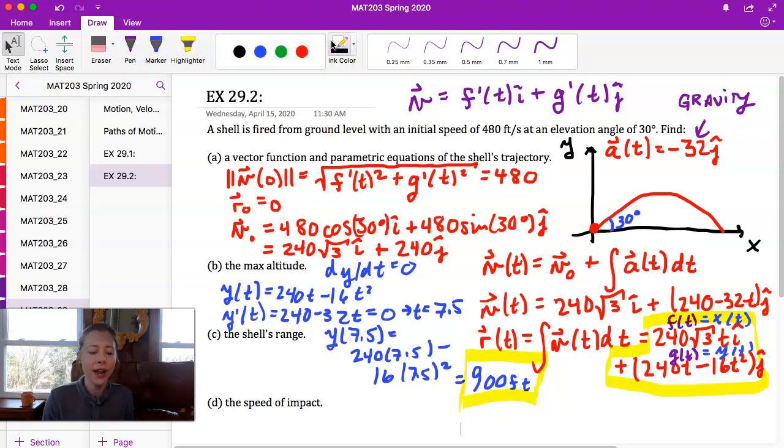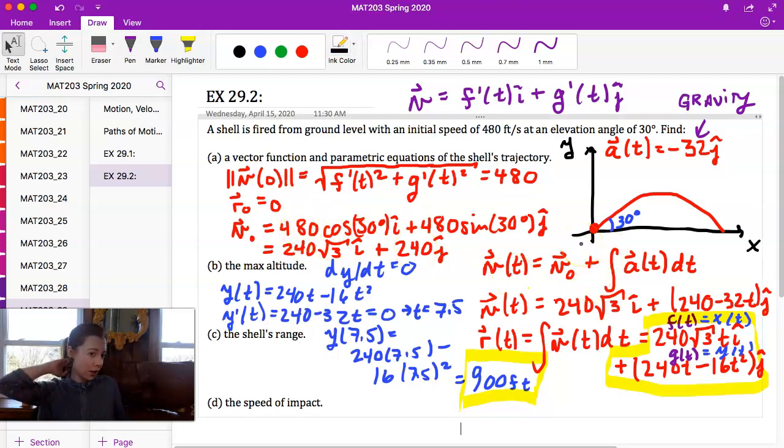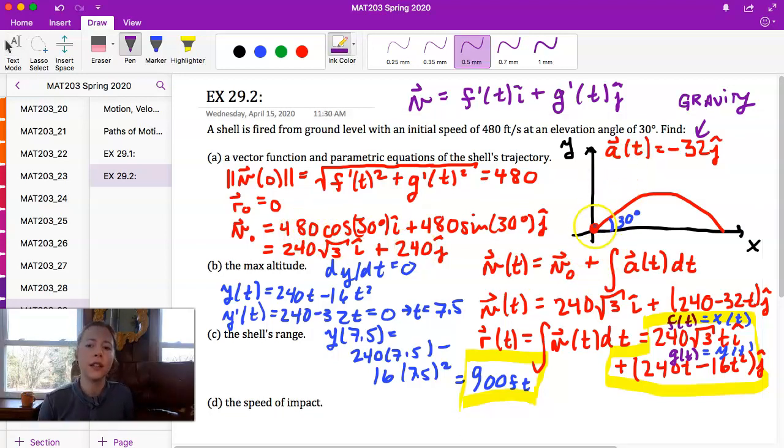Okay, so now let's look at the shell's range. So the shell's range is the difference in the distance along the x from the start point and the end point. So you'll notice for the shell's range, at each of these points, that's when y is 0. So the altitude is 0. So for the shell's range, we have y of t equal to 0.